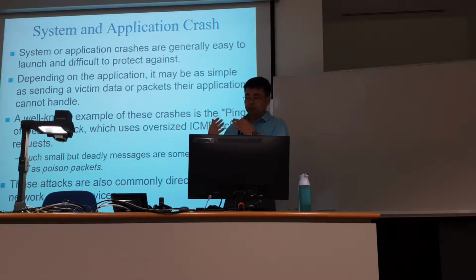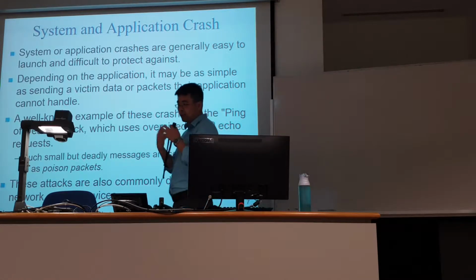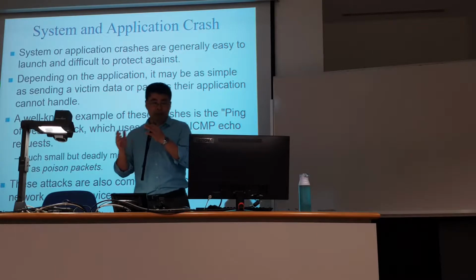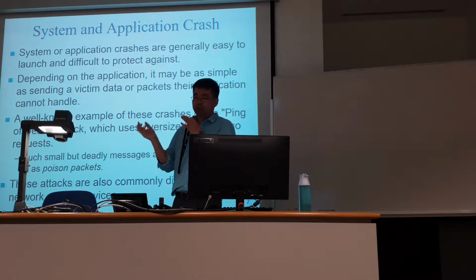For example, if you can exploit some vulnerability inside the protocol, then you can create some malicious packet. You may not need a lot of traffic. You only need to prepare a small poison packet, which, when sent to the receiver, will crash it.